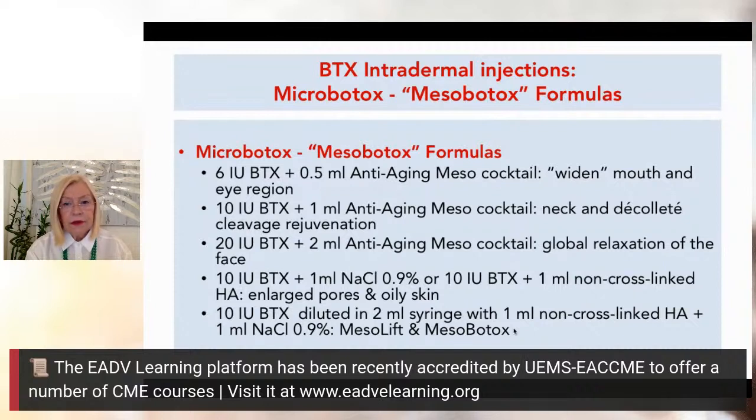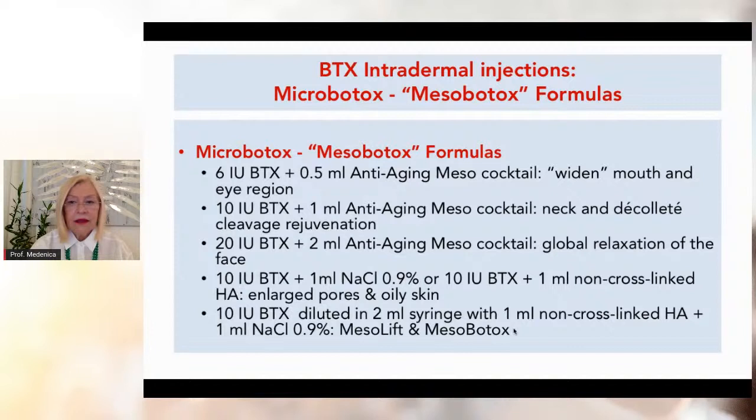For example, if you would like to rejuvenate the neck and décolleté, you will add 10 international units of botulinum toxin and 1 milliliter of anti-aging mesococktail. Or if you would like to achieve global relaxation of the face, you can add 20 units of botulinum toxin in 2 milliliters of anti-aging mesococktail, and go on.